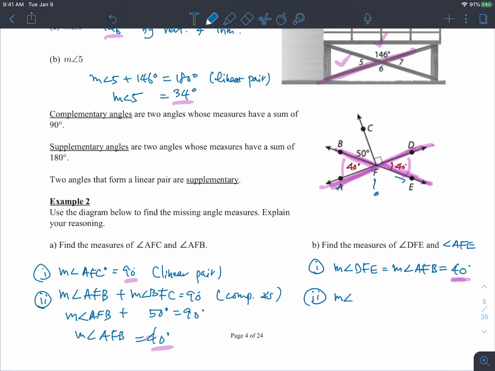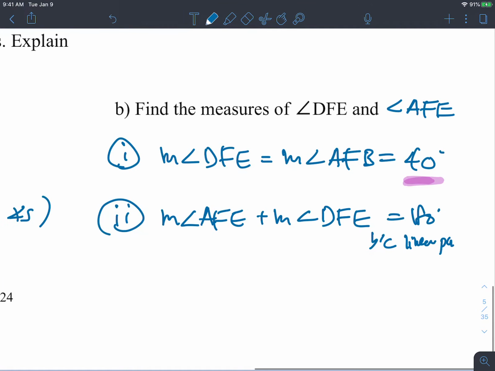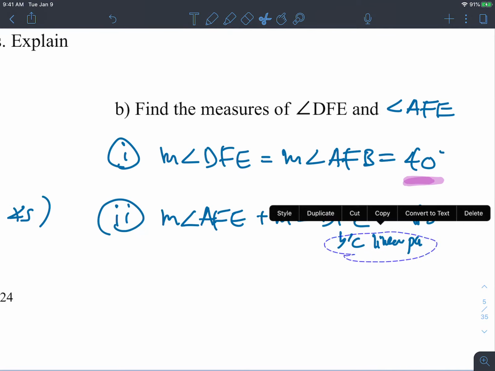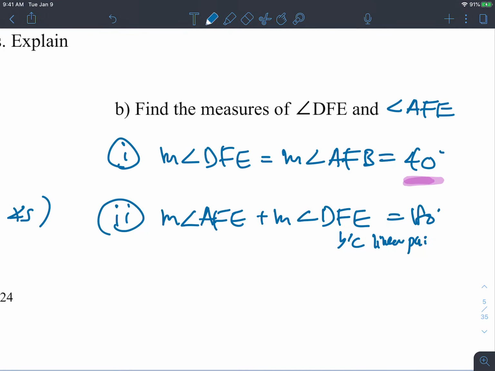Measure of AFE plus the measure of DFE is equal to 180 because of linear pair. Sorry, I'm writing kind of small. Okay, let me pull that out and continue on. Linear pair.